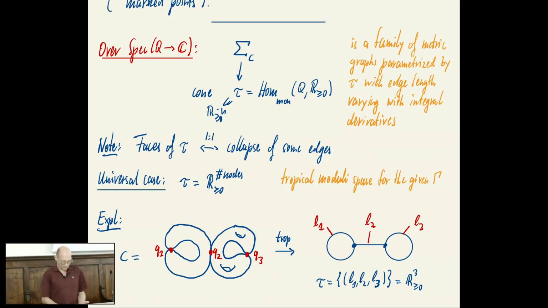But now, in total, you have a family of metric graphs parametrized by a cone. So what does it mean, being parametrized by a cone? It means that only the length of the edges changes. So it's given really by telling a length function for each of the edges, which is a homomorphism now from tau to R≥0.